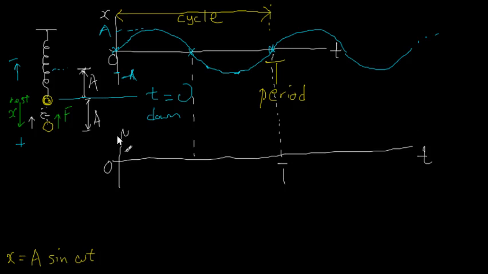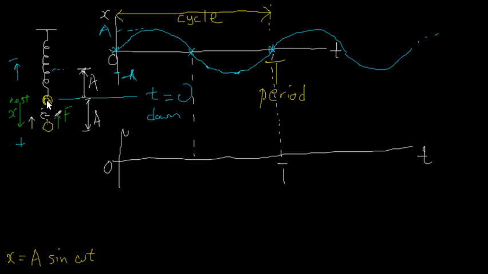Okay, so let's now think about the velocity. How does the velocity change? At the beginning, when time t is 0, we know that x is 0, and that it is on its way down. The graph shows that x is getting more positive, and I've defined my positive direction to be downwards.